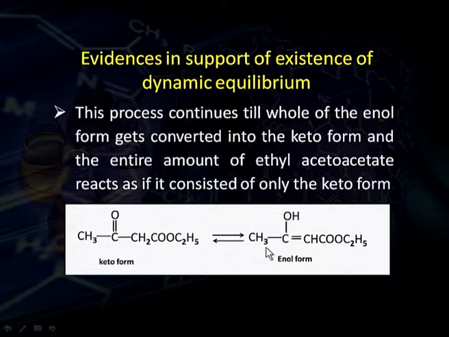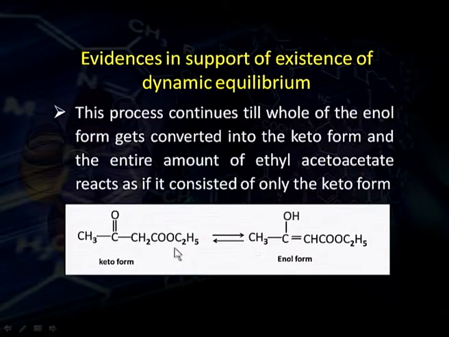So, these reactions show that the keto form and enol form are in dynamic equilibrium with each other. That is, if we disturb the equilibrium, if we perform the reactions of the keto form, the whole of the enolic form gets converted into the keto form, and if we perform the reactions of the enolic form, the whole of the keto form gets converted into the enolic form.